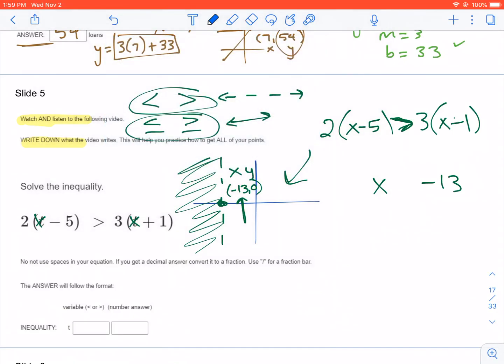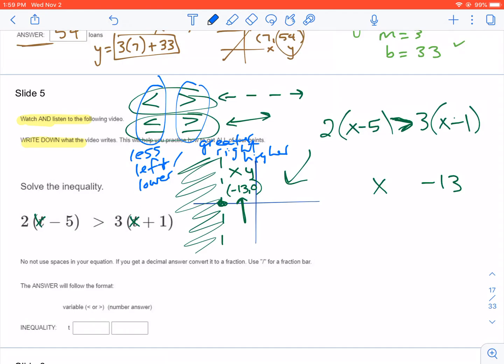Whenever you're looking this way, less than means left or lower. Greater than means to the right or higher.